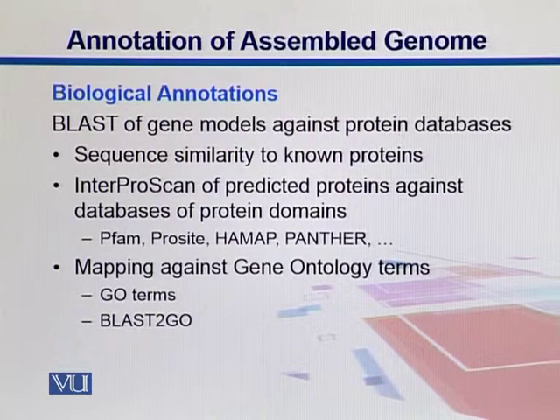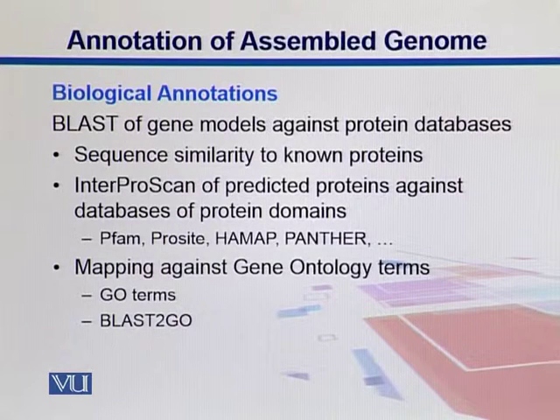When we are doing biological annotations, we try to infer some biological meaning. In that case, number one, we can BLAST those genes against protein databases, and we can get the sequence similarity, and from those similarities we can identify the gene models, and what kind of protein they can produce.